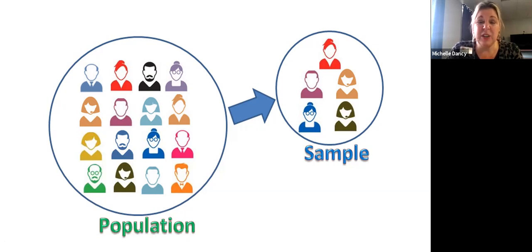So that can get really, really tricky. But before we get too lost down that rabbit hole about bias, just make sure you understand population is every single person or thing that could fall into that category, and a sample is just a random number. How big your sample needs to be is based on how big your population is, and we'll talk more about those details later.